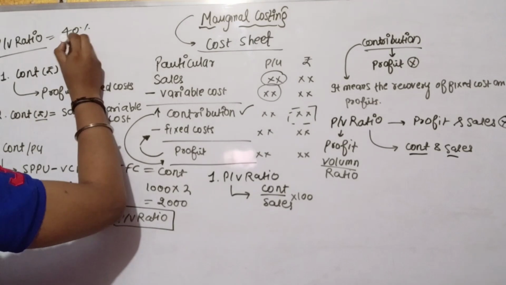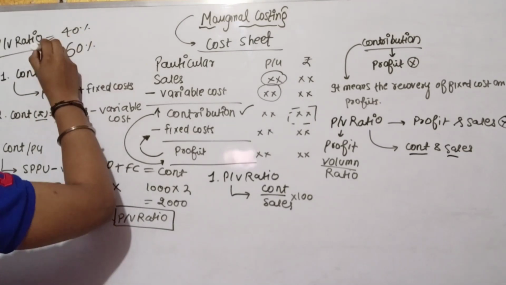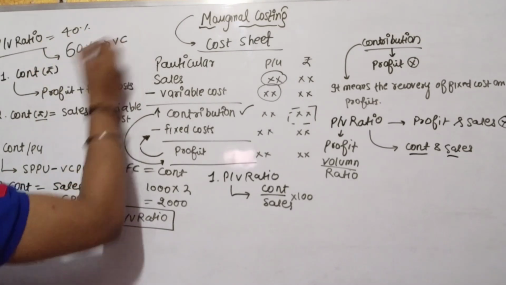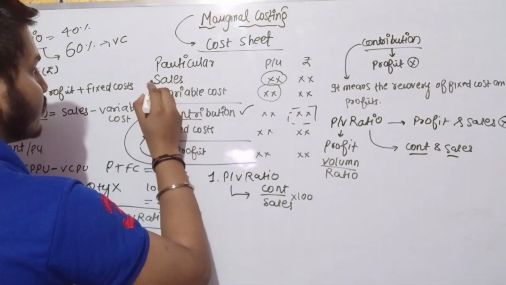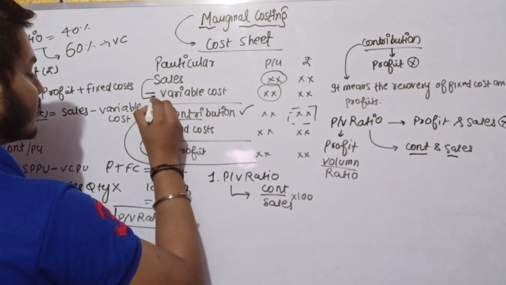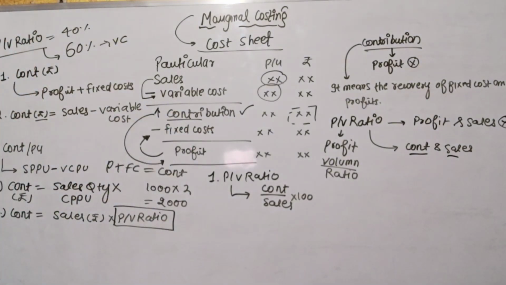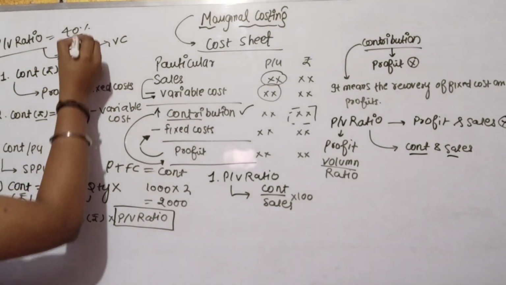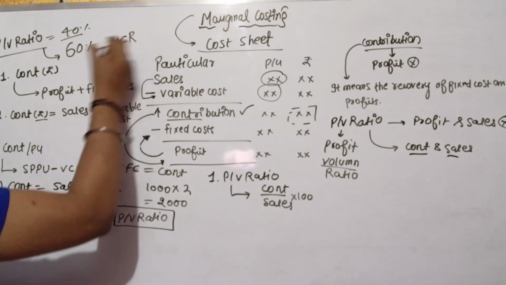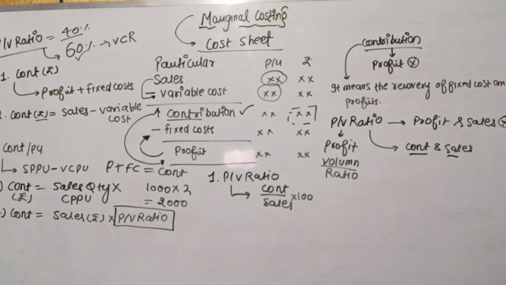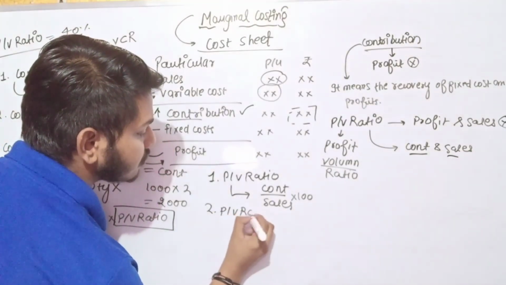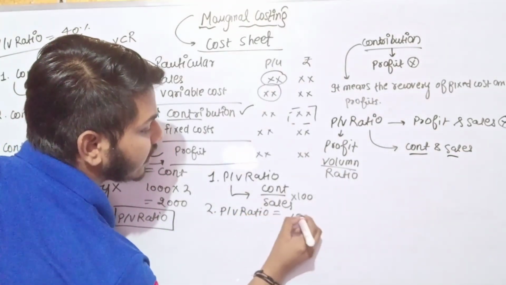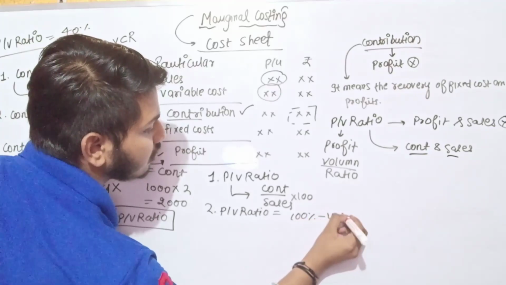Then the remaining 60% is my variable cost, because contribution is found by deducting variable cost and not fixed cost. So if PV ratio is 40%, then variable cost ratio is 60%. So the second formula is PV ratio equals 100% minus variable cost ratio.